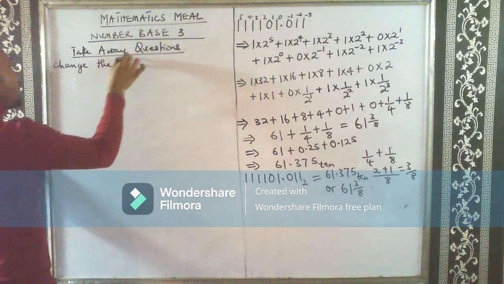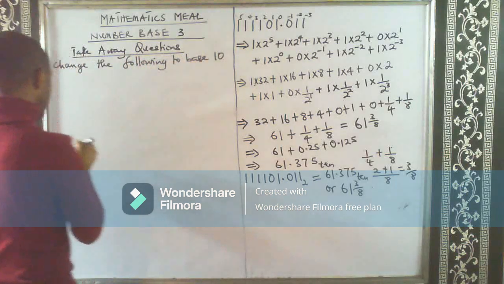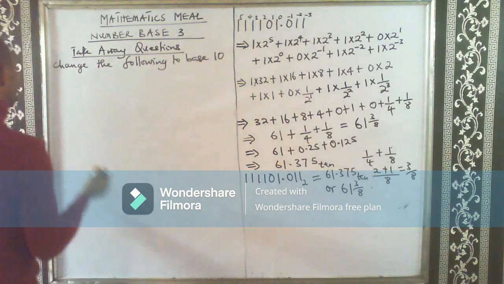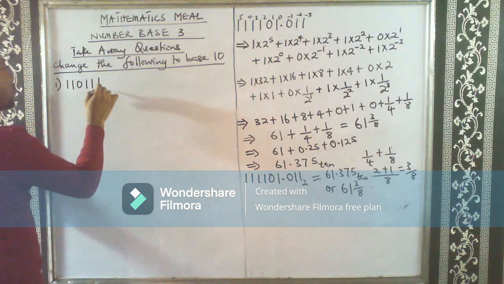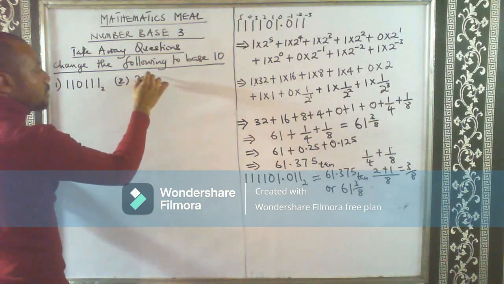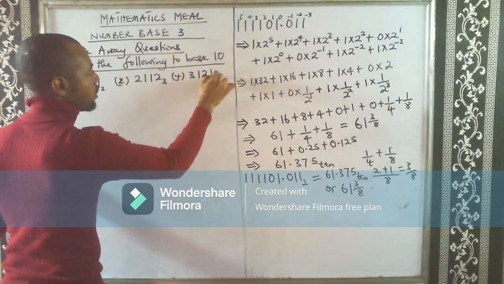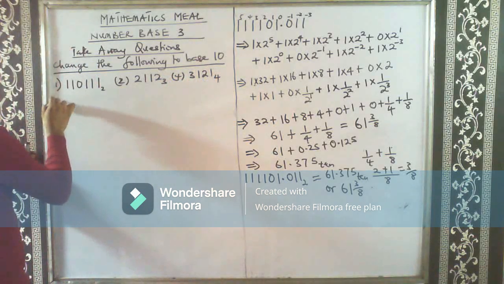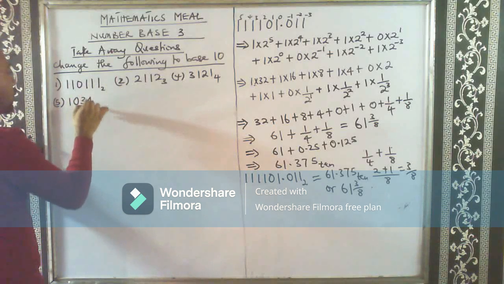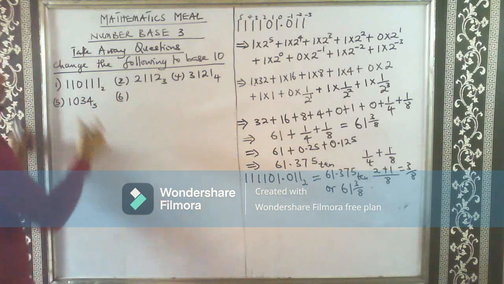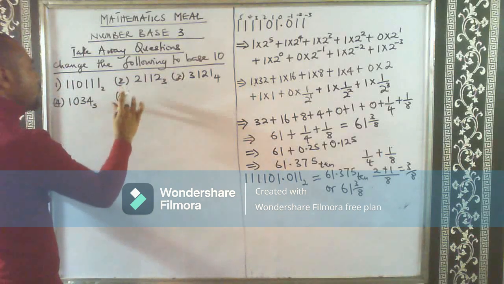Change the following to base 10. Finally, let's look at the multiplication here, and let's see a situation where we have another decimal.